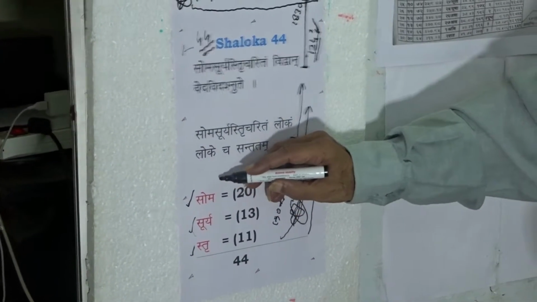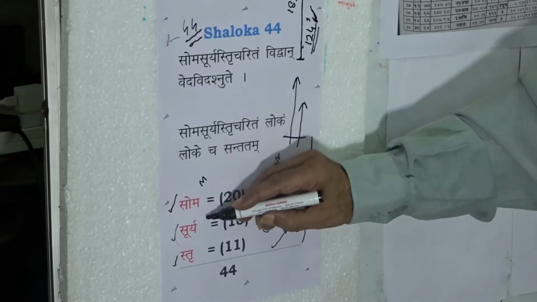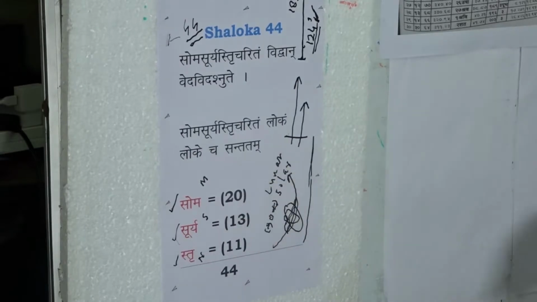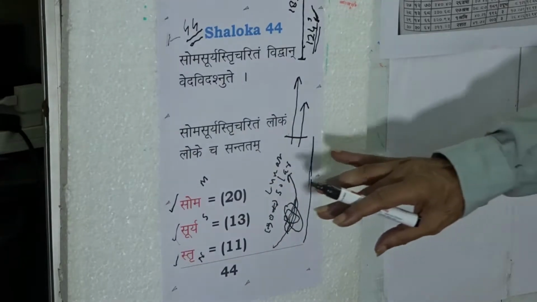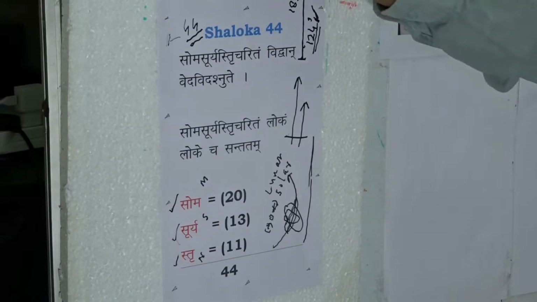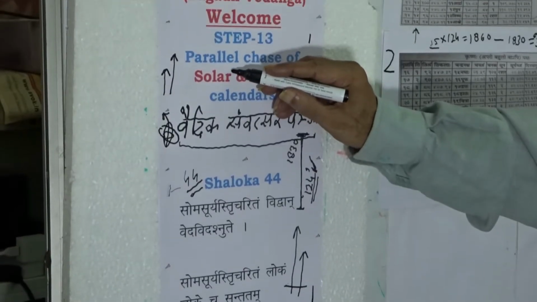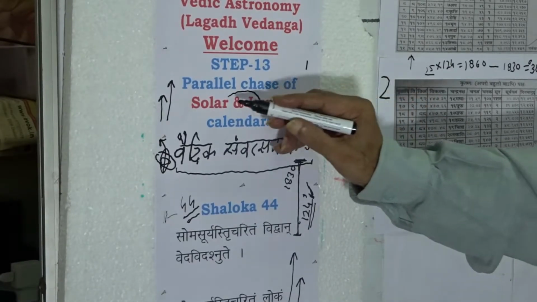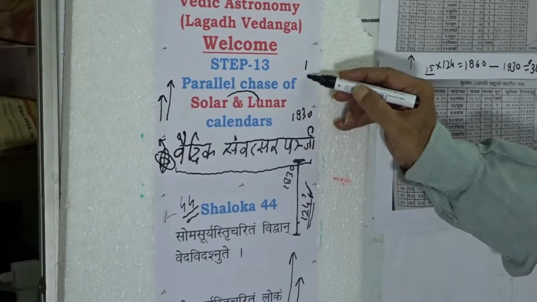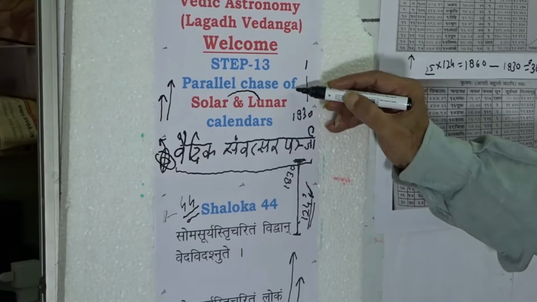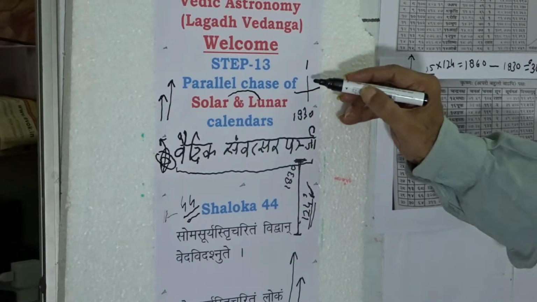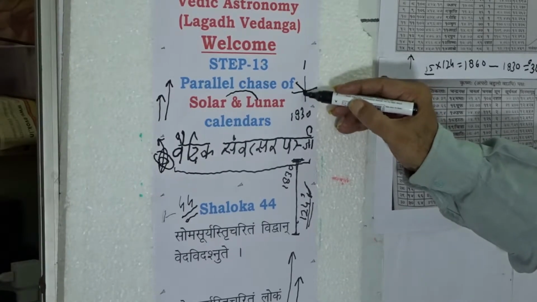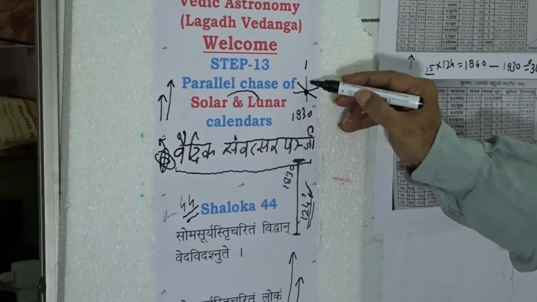Som means Chandra, means the moon calendar, then the sun calendar, and these are the nakshatras, the nakshatra calendars. These 3 flow streams, so it has been a parallel chase of solar and lunar calendars, and simultaneously there has been a chase of the space, Akash Tattva, within a 3-dimensional frame of solar dimensions as a synthetic setup of pair of such.